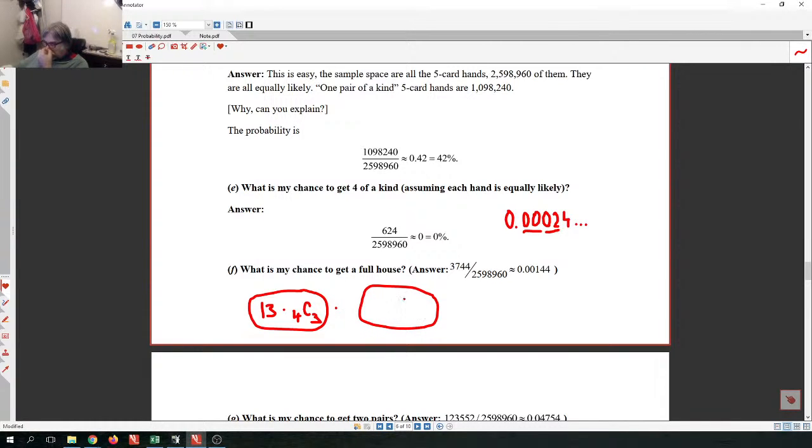You also need to have a 2 of a kind. Now once you select the denomination for 3 of a kind, you cannot have that denomination again, because now you are done with that. So the 2 of a kind had to be something else, right? You can't have 5 aces. So you have 12 choices for denomination.